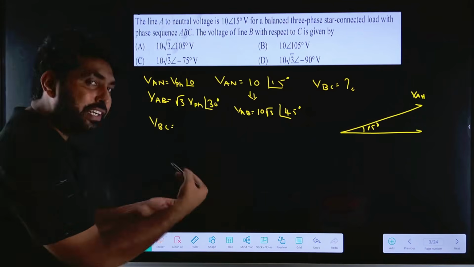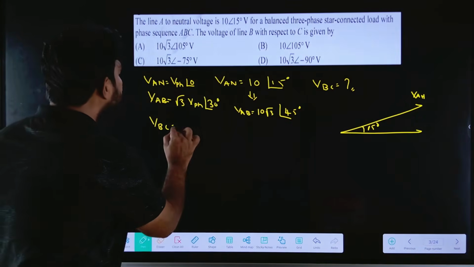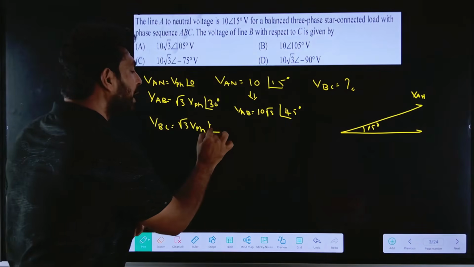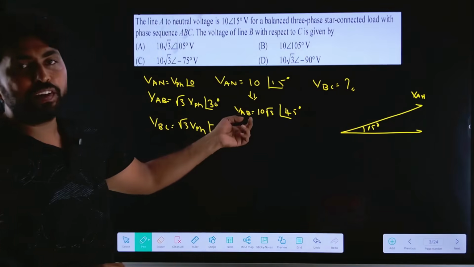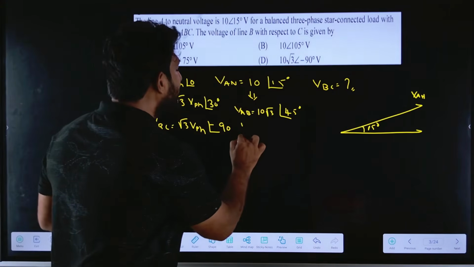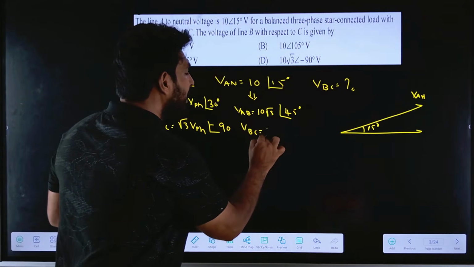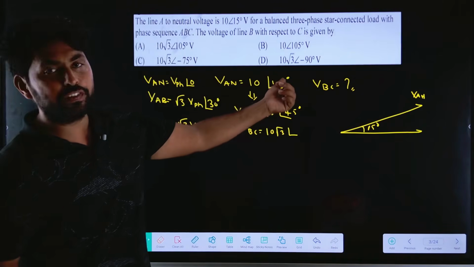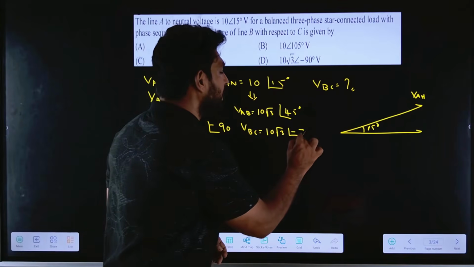VBC is 120 degrees out of phase with VAB. So that is root 3 times V phase at an angle of minus 90. So VBC is equal to 10 root 3 at an angle of minus 90 plus 15, which is minus 75 degrees.